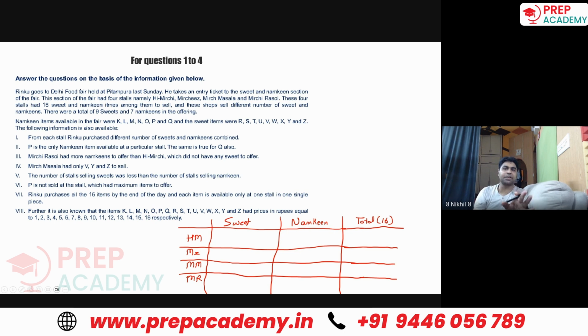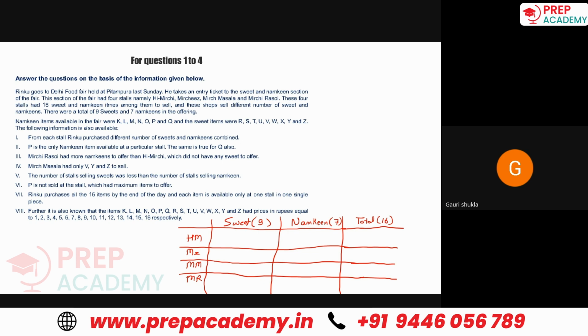As of now, nothing is being told to us. And these shops sell different numbers of sweets and namkeens. There were a total of 9 sweets. So this is the data being provided to us. 9 sweets and 7 namkeens in the offering. Were you able to fill in this particular fashion?